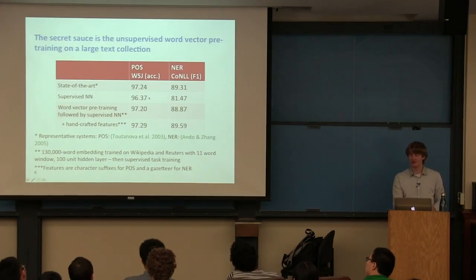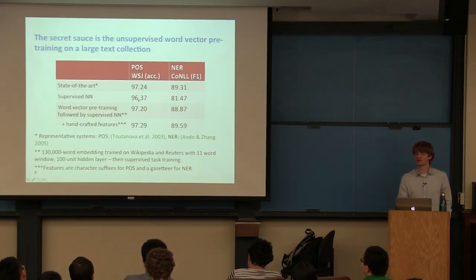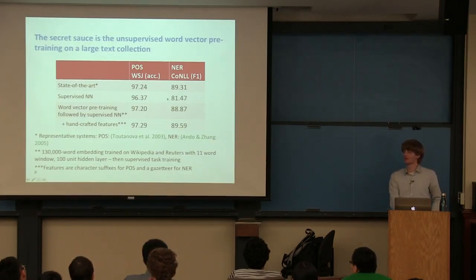Now, if you just take your neural network, you initialize your word vectors randomly, and you just train on that specific task, then you can get away with it for part of speech tagging, because it's a really simple task. Every word has a label. But for named entity recognition, you actually do quite poorly. It's 8% below state of the art.